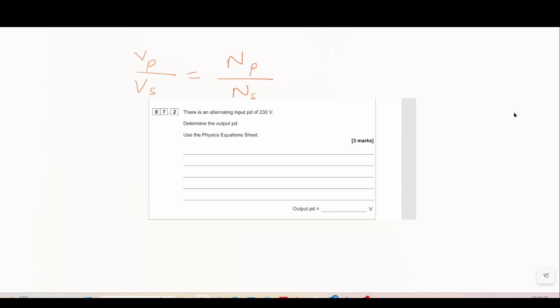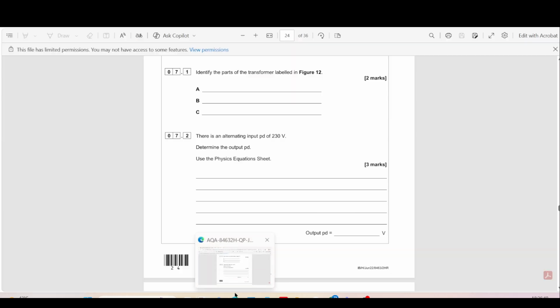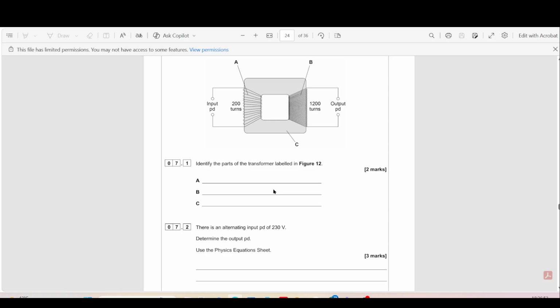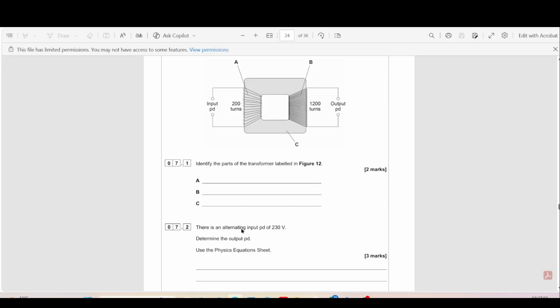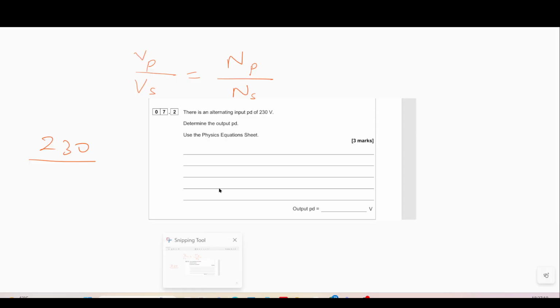So the potential difference across the primary coil is 230.